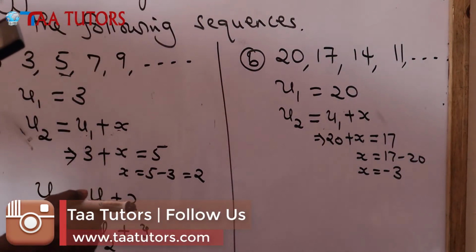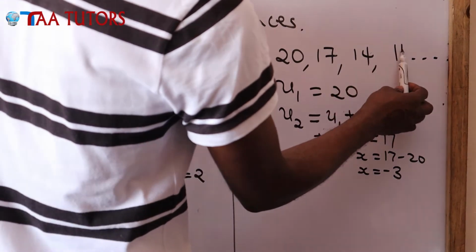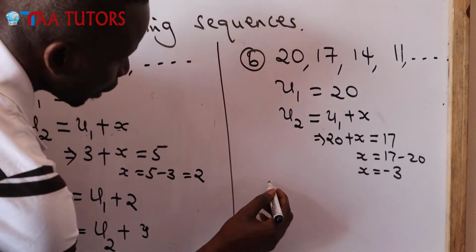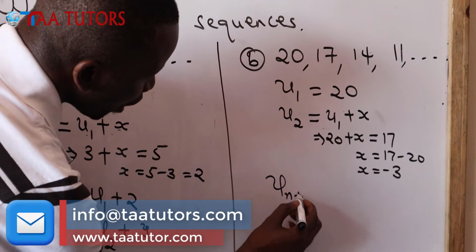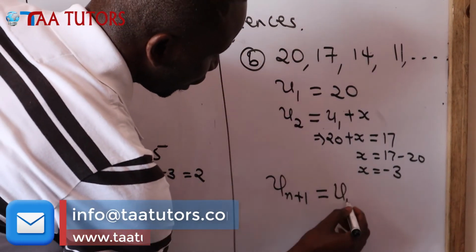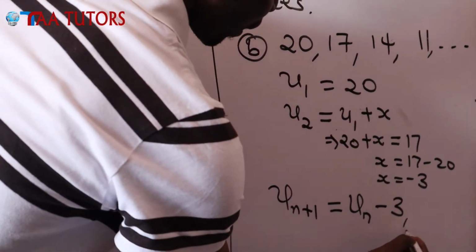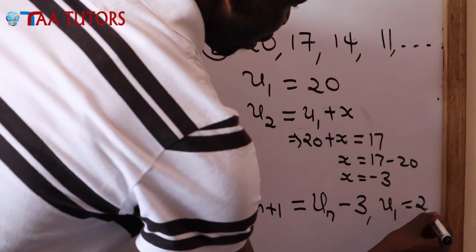You can tell from here, subtract 3 you get this, subtract 3 you get this one. So we can now say that the next term u(n+1) will always be un minus 3, where the first term u1 is 20.